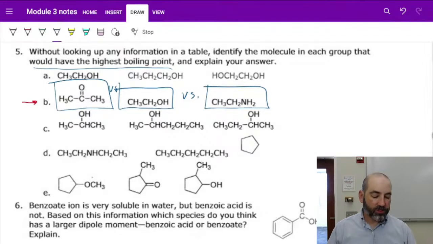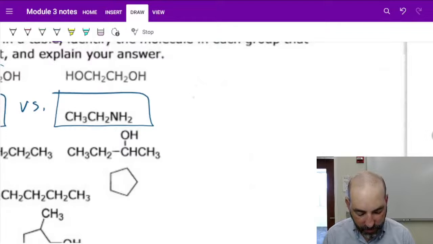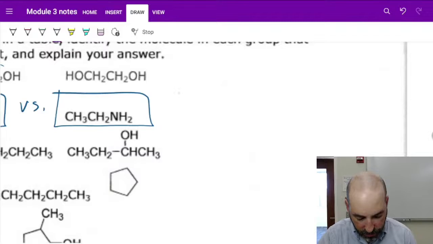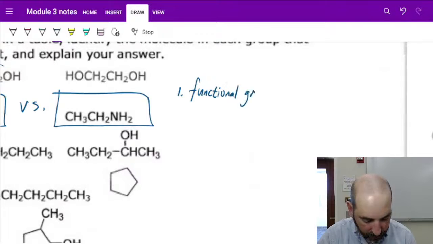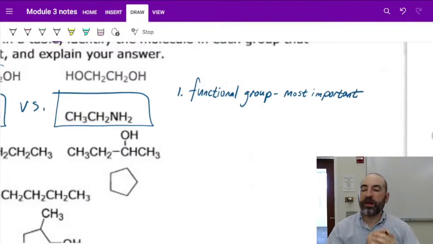All right, so there are 2 major factors that you'll find influence boiling point, that influence these intermolecular forces. The first one that we kind of alluded to is functional group, and that's the most important. For similarly sized molecules, even not that similarly sized molecules really, the functional group has a huge effect on the boiling point.